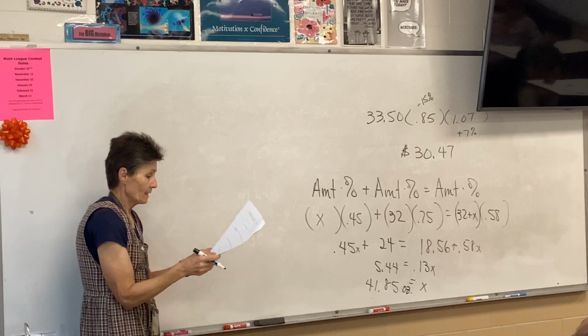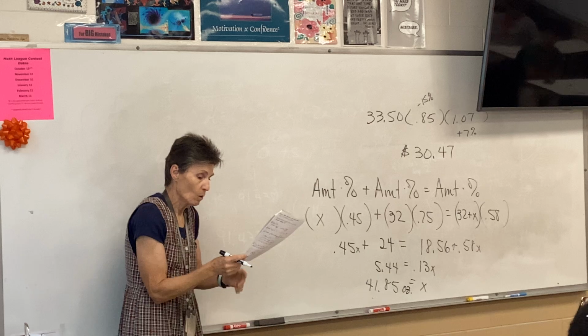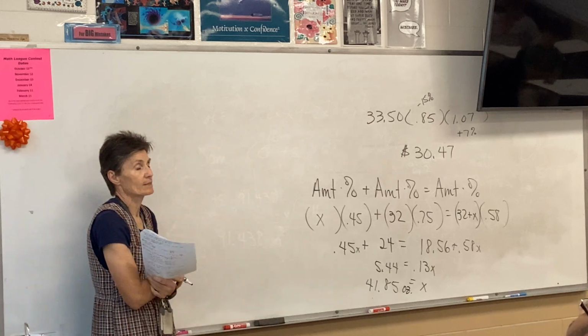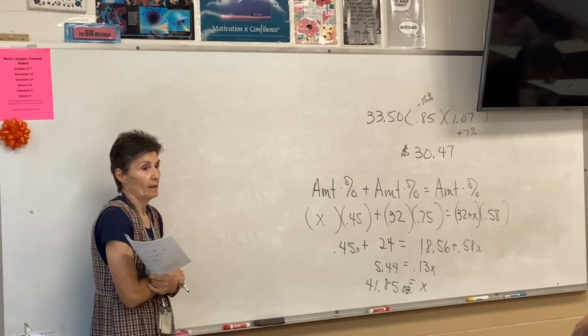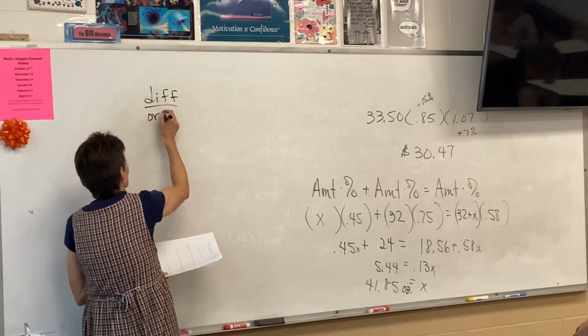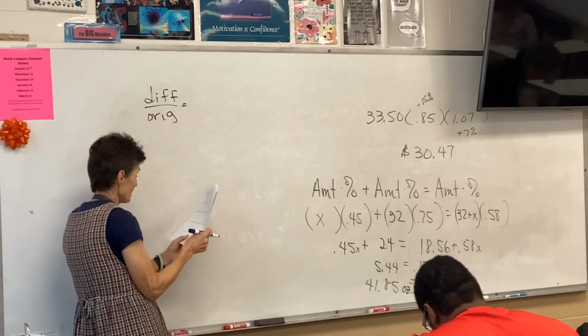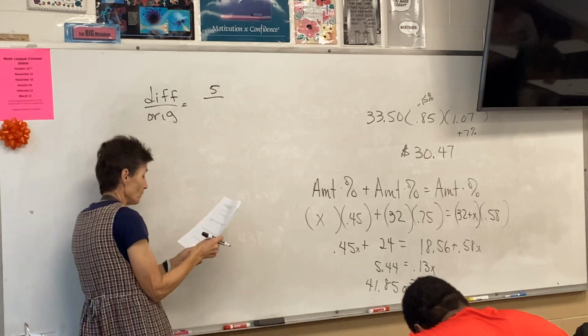All right, one more. Last year, the team won 19 games. This year, they won 24 games. What is the percent of increase? All right, what's our formula? Difference over original. So the difference is 5. And what do I put in as the original?